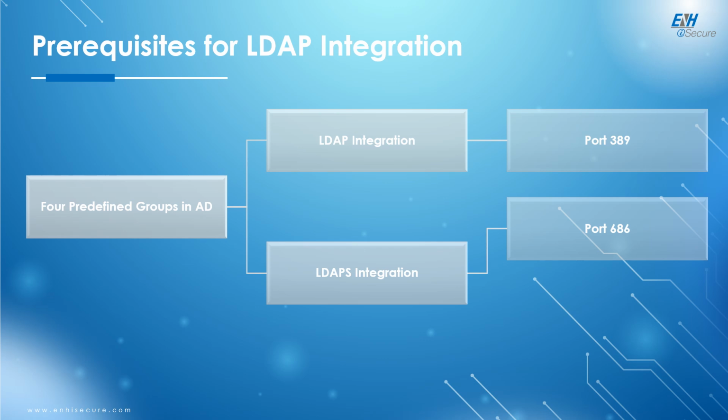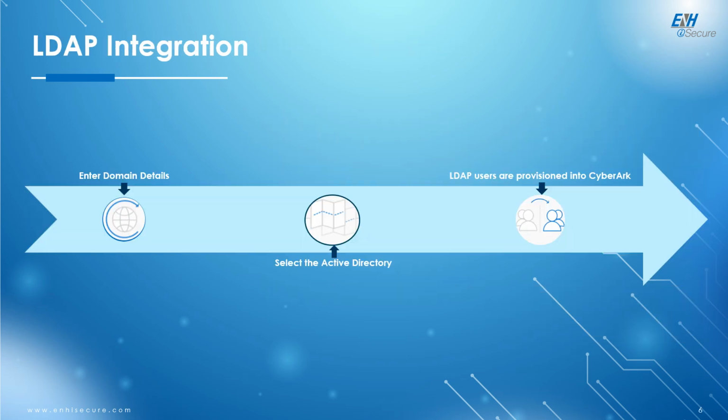If LDAP-S is chosen, port 636 must be open between the domain controller and the vault server. Additionally, for LDAP-S, the SSL certificate from the domain controller must be imported into the CyberArk Trusted Certificate Store. We'll be discussing it in detail in further slides.